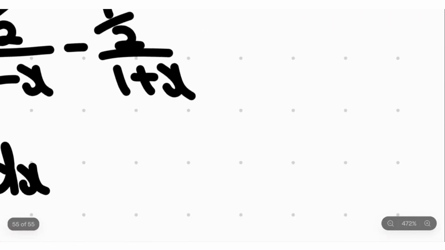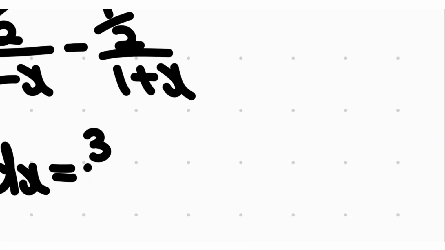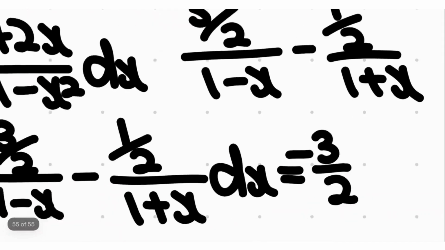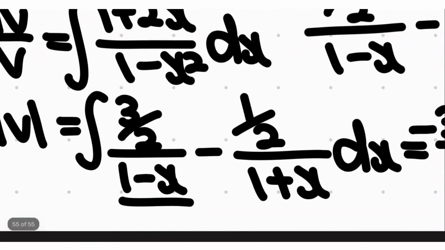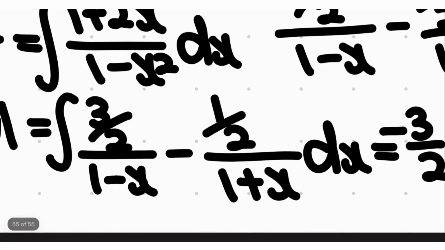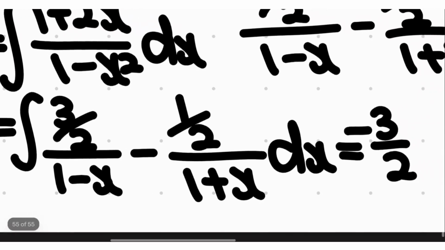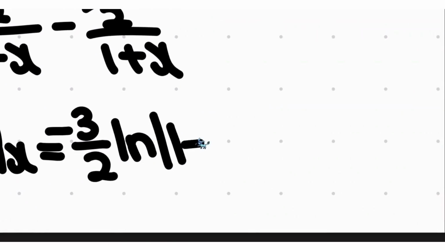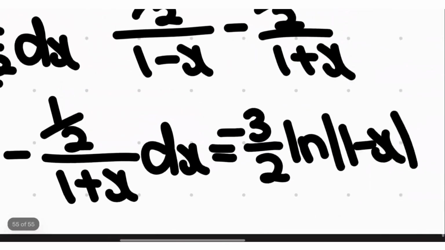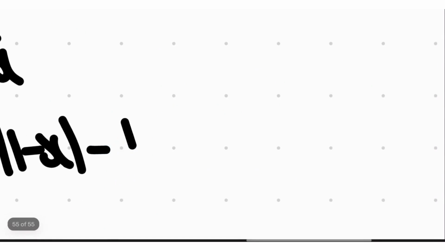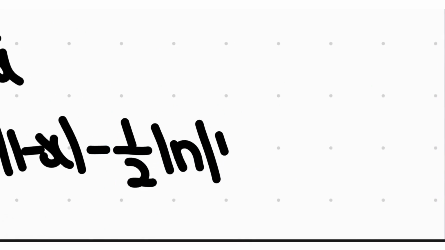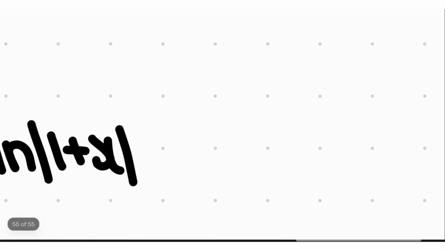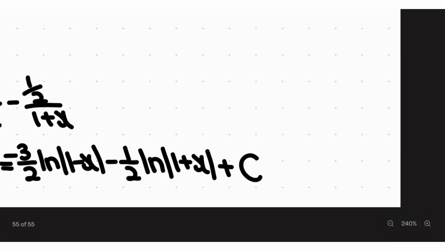Actually I'll just write down the result of this integral here. It's equal to 3 over 2 times negative, because here you have to substitute u equals 1 minus x, and you will end up with dx equals negative du. So obviously this is negative natural log absolute 1 minus x, minus 1 over 2 natural log absolute 1 plus x. And of course, we can't forget our arbitrary constant.